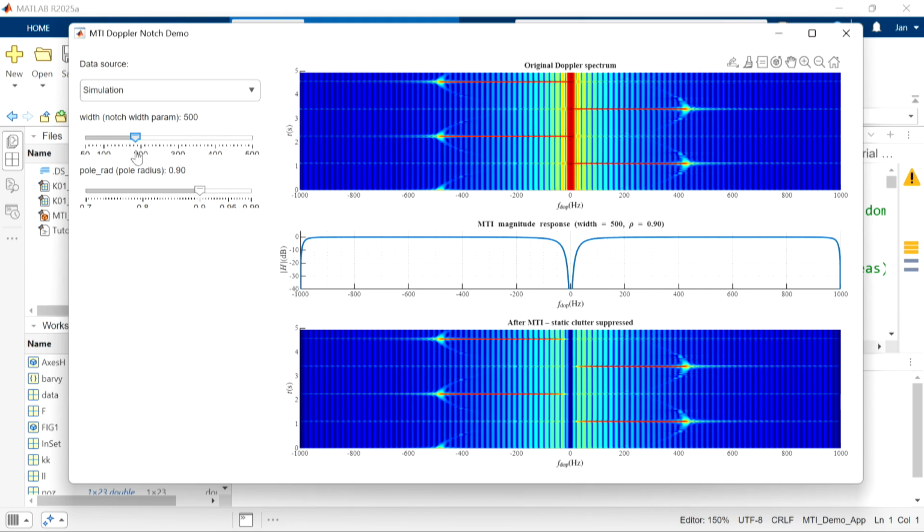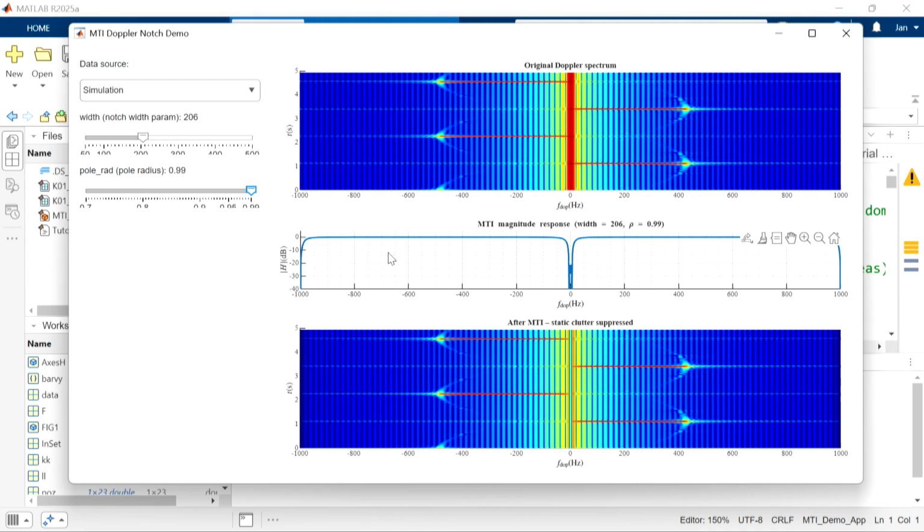Always please watch the filtered signal. You can see it is wider, and if it is wider, then a bigger part around 0 frequency is removed. But just be patient. So set maybe 200, something like this, and we will go the opposite way and change the pole radius to see its influence.